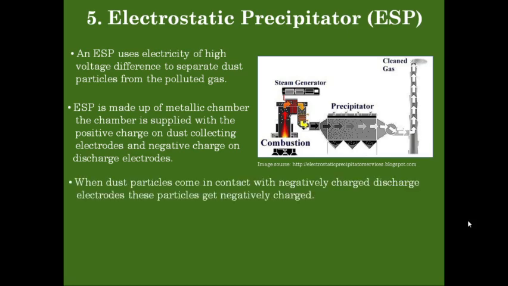So when you enter your polluted air inside the ESP, the polluted air will come in contact with the discharge electrode, which is highly negatively charged. Then that discharge electrode will transfer that negative charge to the dust particles also, and in this process those dust particles will also get negatively charged.